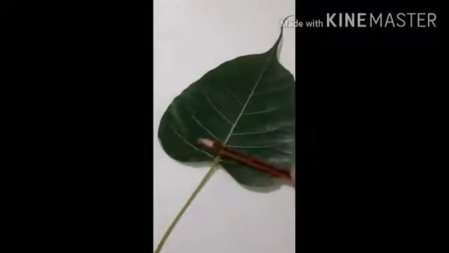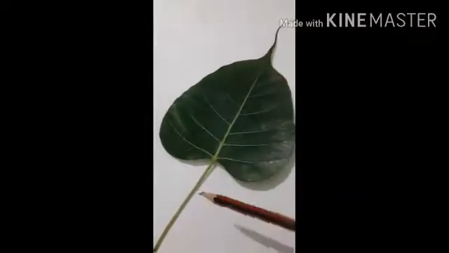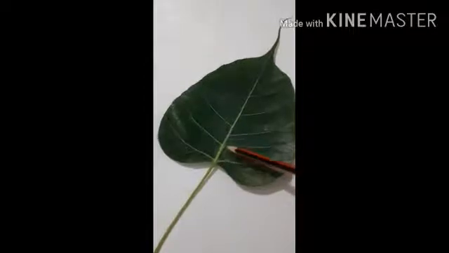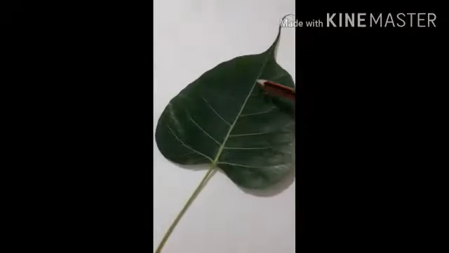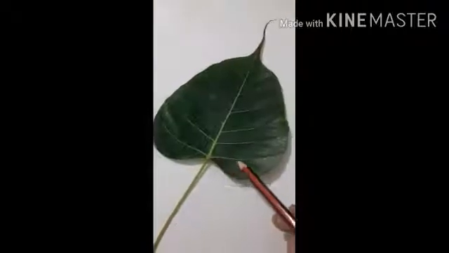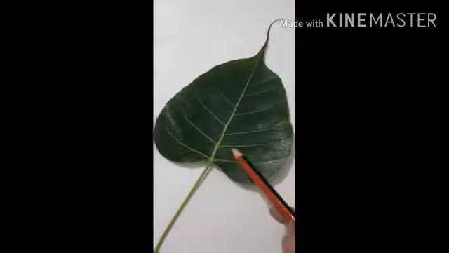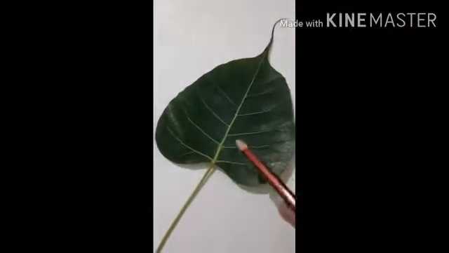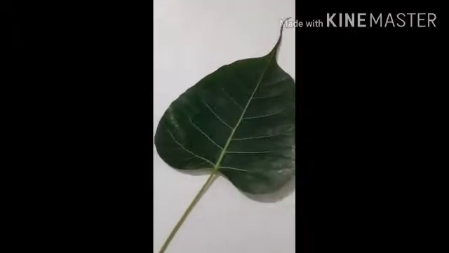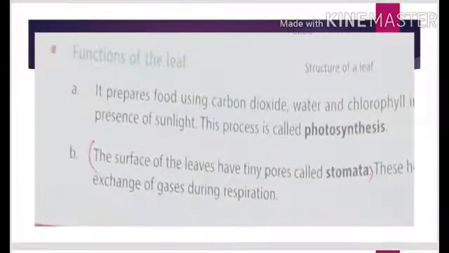This flat green part is known as leaf blade or lamina. See how the petiole continues through the lamina up to the tip, that is called the midrib. And the midrib branches out into fine structures that are called the veins. So this is all about the structure of the leaf.